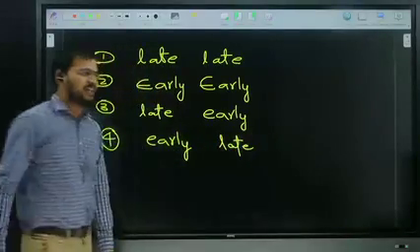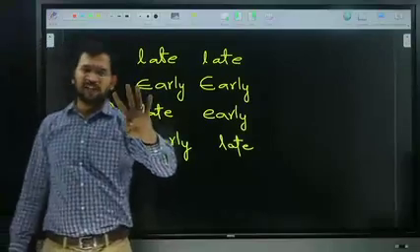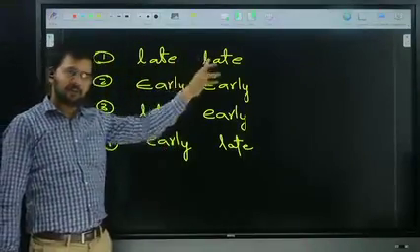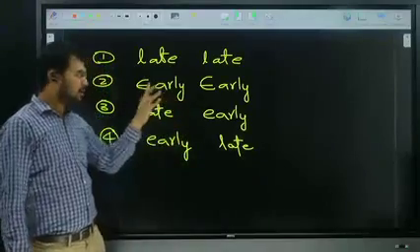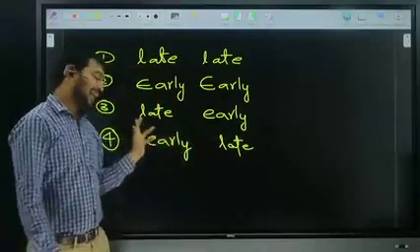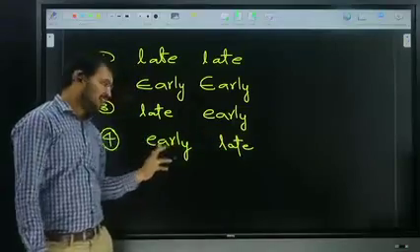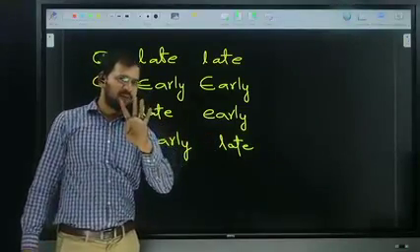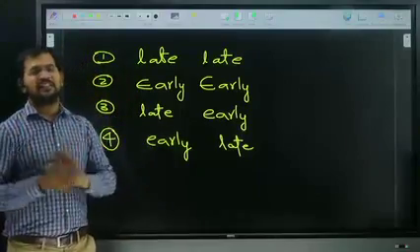So they may ask in 4 different ways: first day late and second day late, first day early and second day early, late to early, and early to late. Remember one thing.